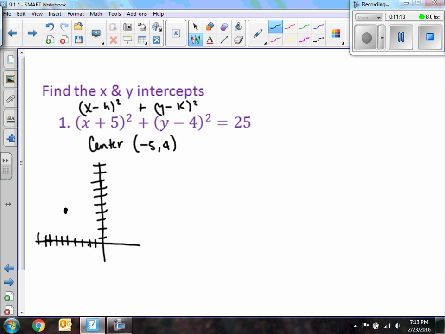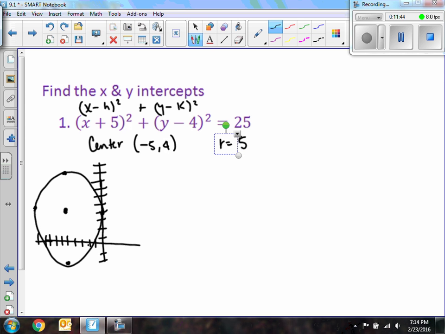R is equivalent to 5, so we have to go 5 units in all 4 directions. Here, here, here, and here. That was beautiful. Let me try that again. Equally as beautiful, but you get the point.